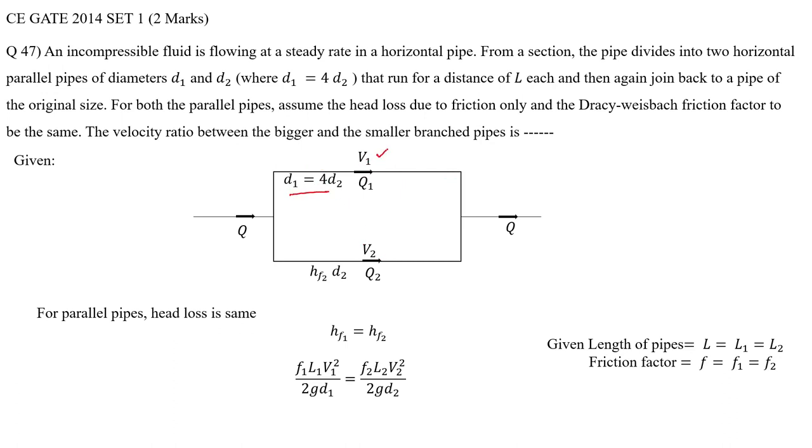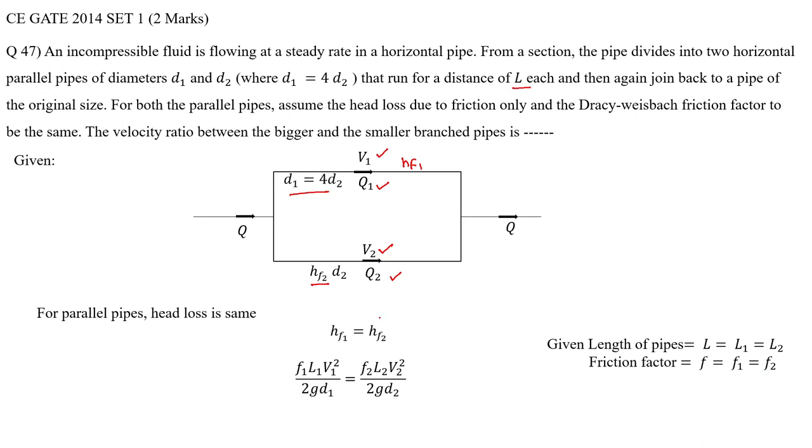We have velocity V1 and discharge Q1, similarly V2 and discharge Q2. The question mentions that F1 and F2 are both equal, so the Darcy-Weisbach friction factor is the same, as well as the length of both pipes, which is L.